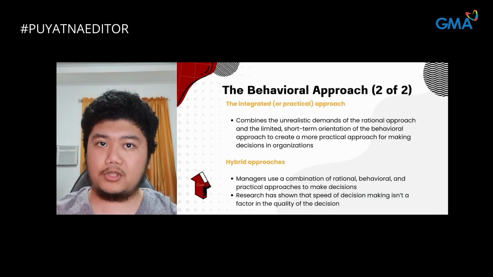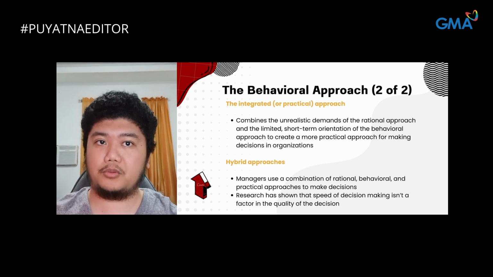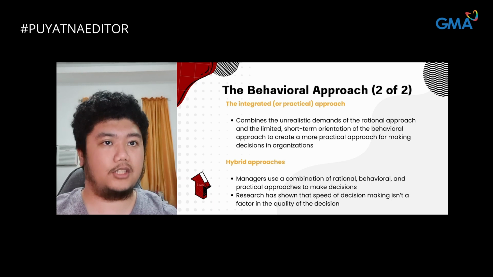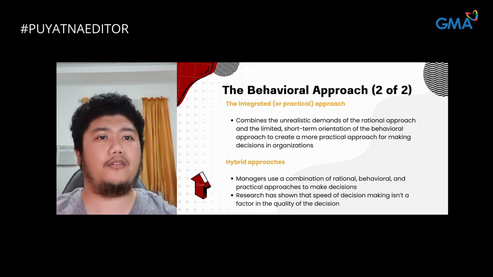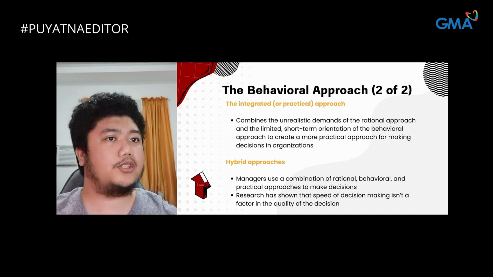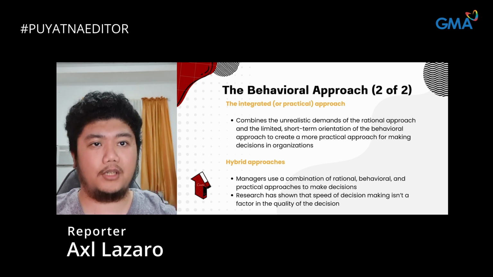Then the next approach is the integrated or practical approach. This kind of approach merges the unrealistic expectations of the rational approach with the constrained immediate focus of the behavioral approach, resulting in a more pragmatic method of organizational decision making.